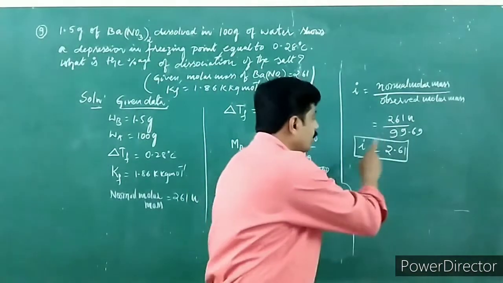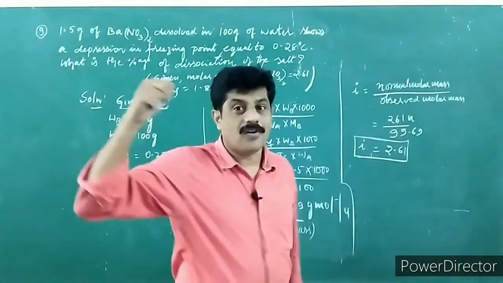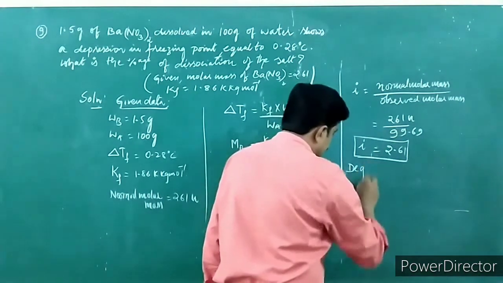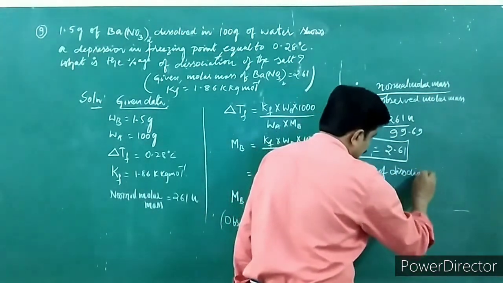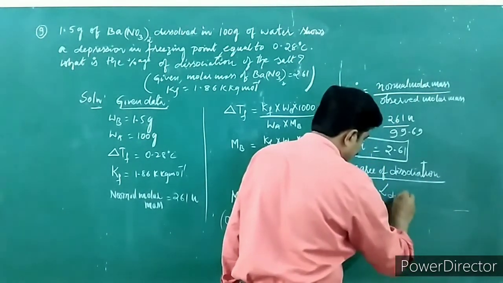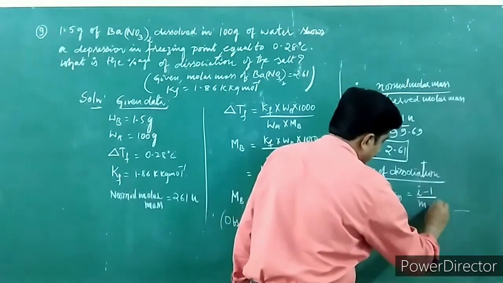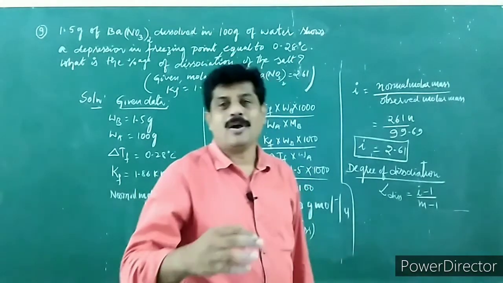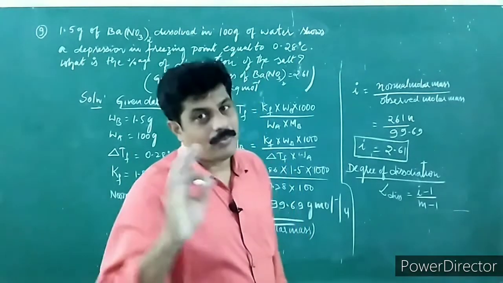Children, once you have this i, now I need to go for calculation of the degree of dissociation, otherwise called ionization. Degree of dissociation, alpha, is equal to i minus 1 upon m minus 1. What is m here? m is the number of particles into which each particle dissociates in water.